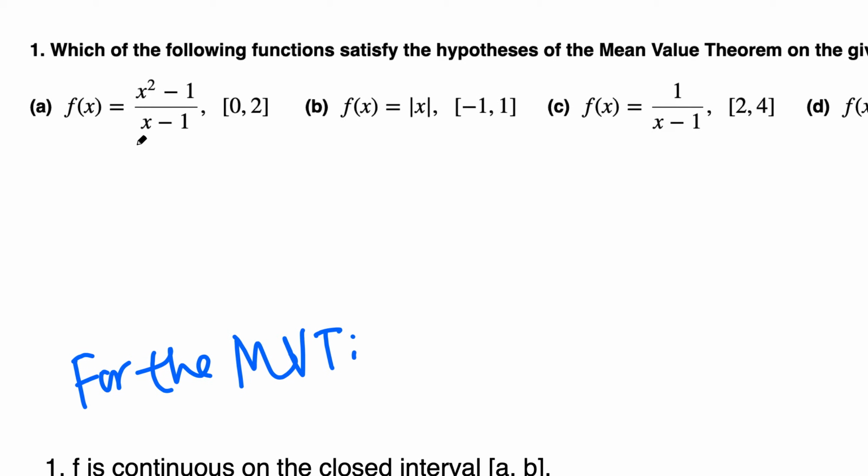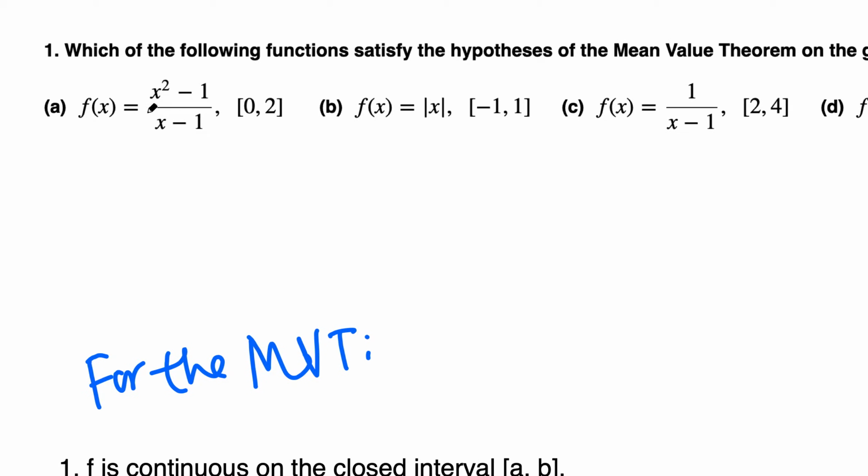So in part A, we got the function (x² − 1)/(x − 1), and we are looking inside [0, 2]. This is a rational function, and the domain is all reals except 1, because 1 minus 1 is 0, and something divided by 0 is undefined.